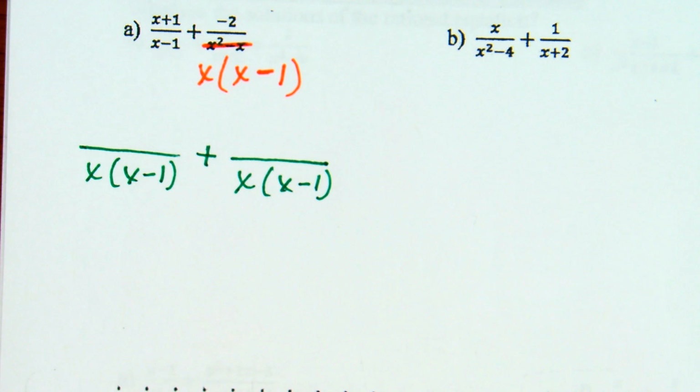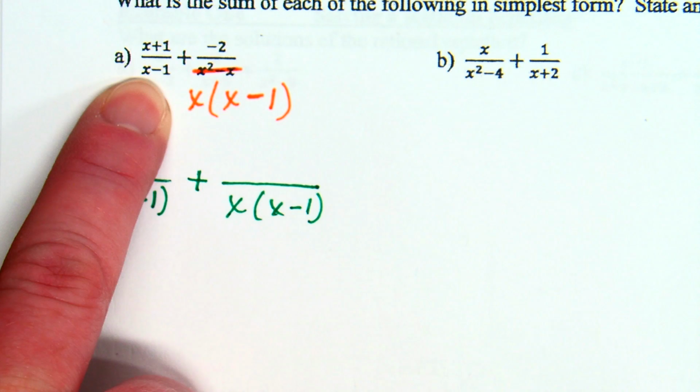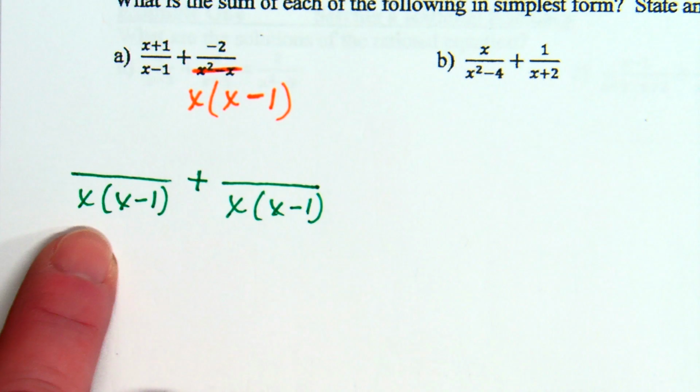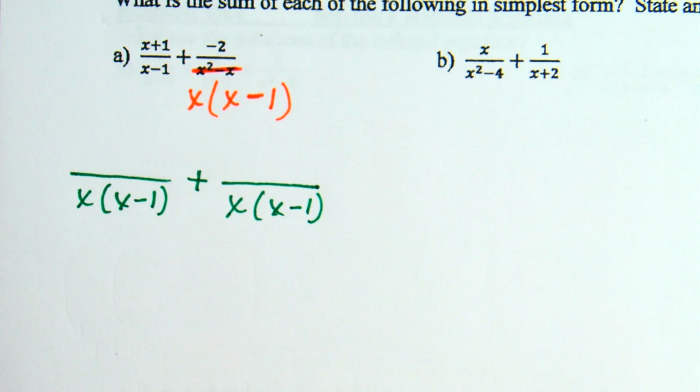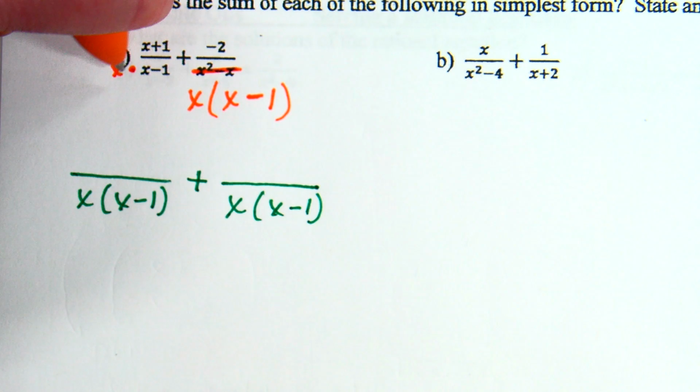Now, as we look at the first fraction, the original first fraction has a denominator of x minus 1. I need it to have the denominator x times x minus 1. So what is it missing from the common denominator? It's missing an x. So that means we need to take this and multiply by an x.